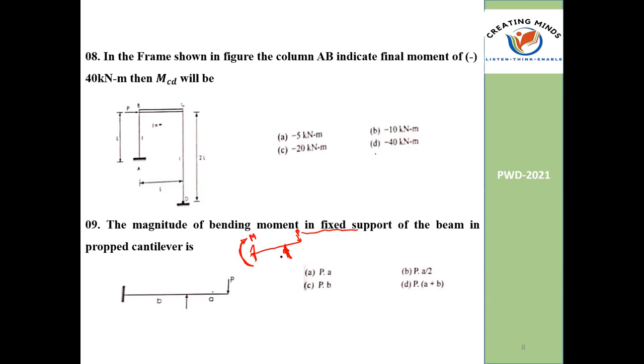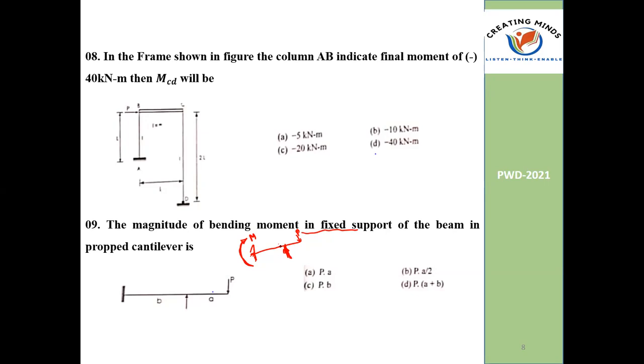But if you consider it as a propped cantilever, it will generate a moment P into A at this point. You observe here, P into A at this particular support.